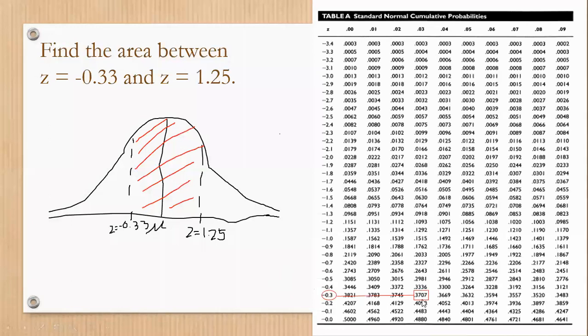Sa 0.3707. Okay po? Yan. So, ang sabi ay 0.3707. Alin po yun? Yun yung z value ng negative 0.33. Tapos, yung z na 1.25, syempre, positive siya. Dun sa positive value natin siya hanapin.